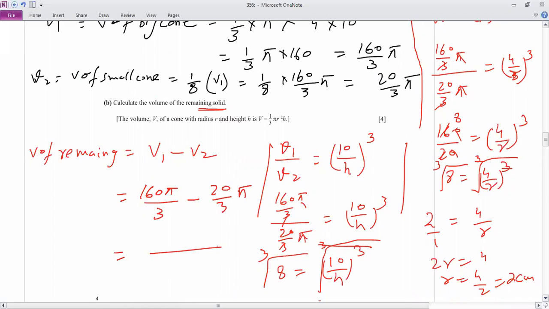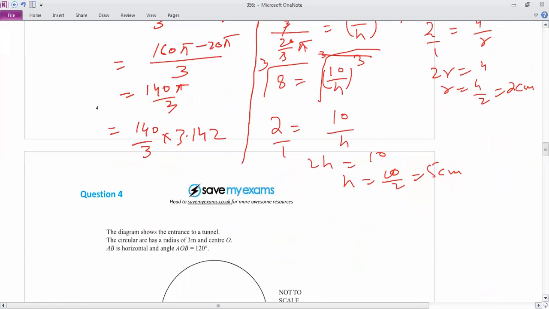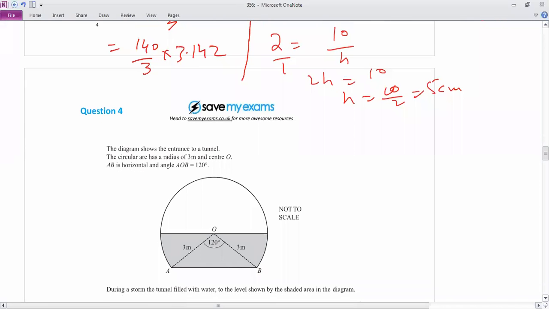So you can just take 3 LCM, 160 pi minus 20 pi. It will be 140 pi over 3. Just put the value of pi now and calculate that. That's it. Clear? So simple without any problem.